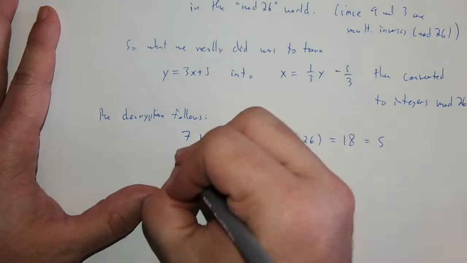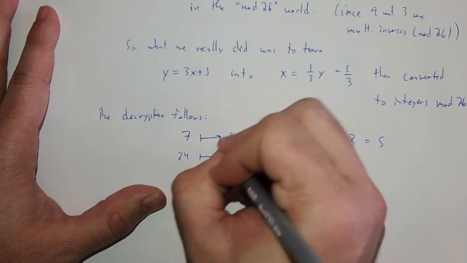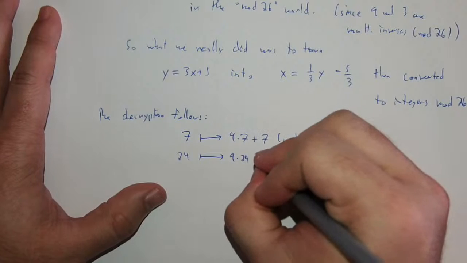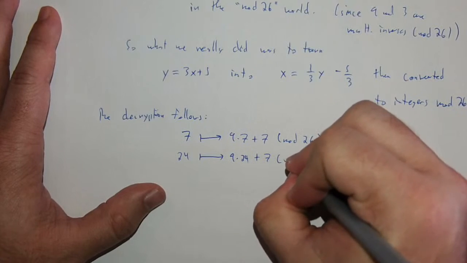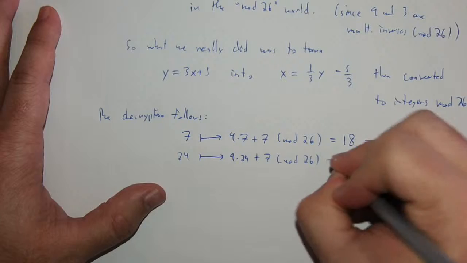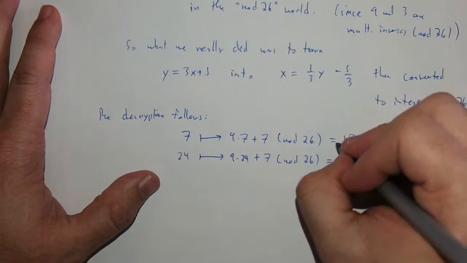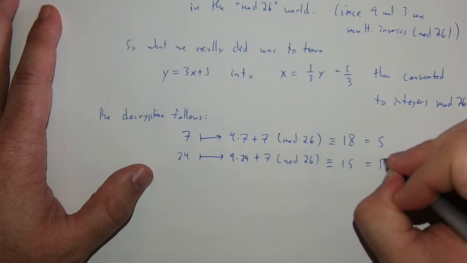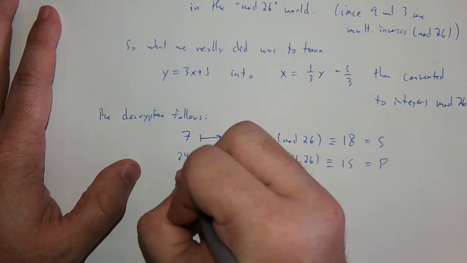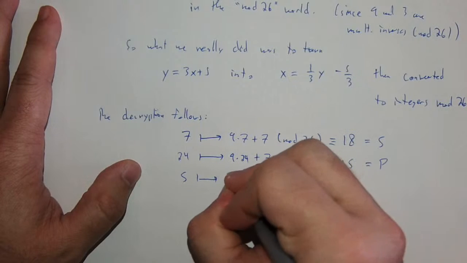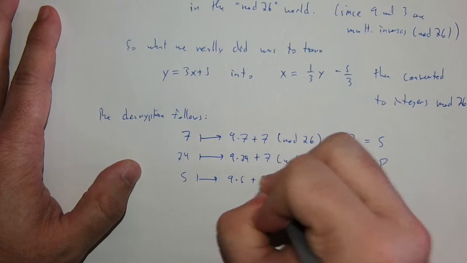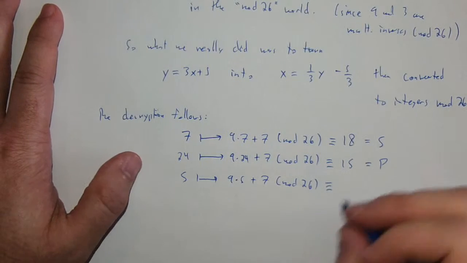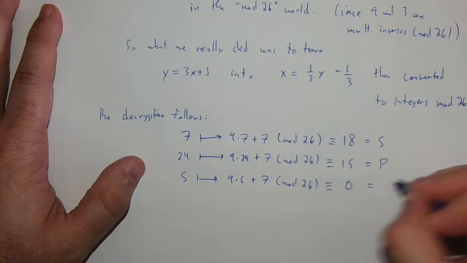So then 24, of course, gets mapped to 9 times 24 plus 7 mod 26. If you compute that, that is congruent to 15. And 15 is P. And then 5 gets mapped to 9 times 5 plus 7 mod 26, which is congruent to 0 mod 26. So that's A.